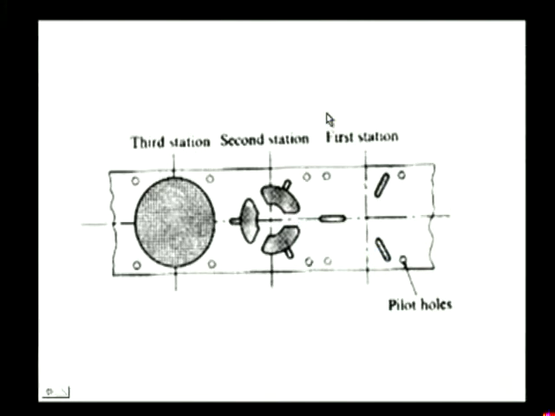And as the ram moves upwards, again the stock is moved exactly by a perfect distance, so that it is positioned correctly for the third operation to take place. Of course, all these three operations at the first, second and third stations will be carried out simultaneously. As a result, finally the component is blanked out at the third station, which can be collected from the bottom of the die, of exact shape and size.